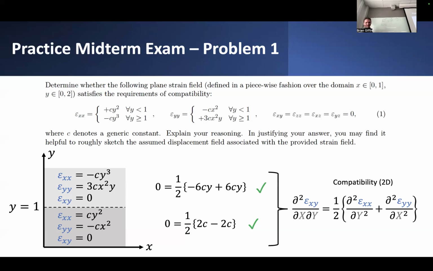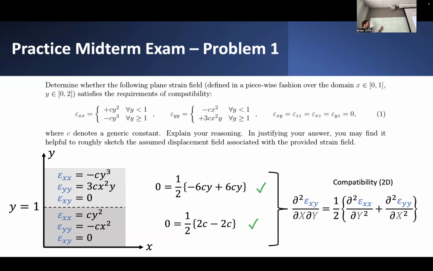Wish I had another pen. Oh, well. Anyway, so yeah, let's try this. Let's suppose really epsilon yy. Integral of epsilon yy with respect to y should give me displacement in the y direction. But is that all? Remember, we had some homework problems that talked about this.